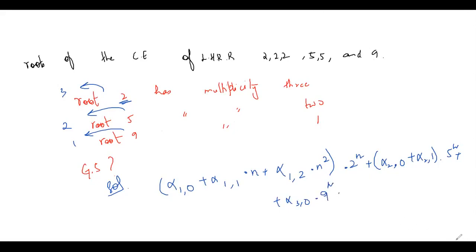Now we can take another example. The next example is: find the solution for the recurrence relation, where r cube is the characteristic equation.